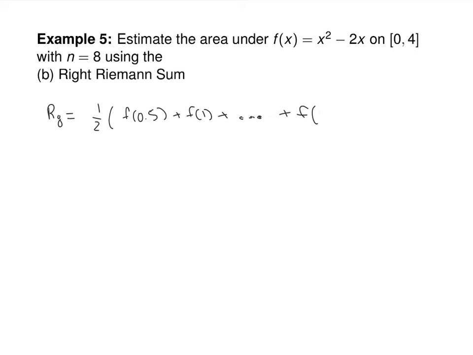The last thing you plug in is 4. 3.5 was the end for the left sum. You shift it over 1, because you think about all those little intervals, you use the left endpoints for the first sum, and then use the right ones for the second. And the first endpoint is not a right endpoint, it's a left endpoint. And this is 7.5.